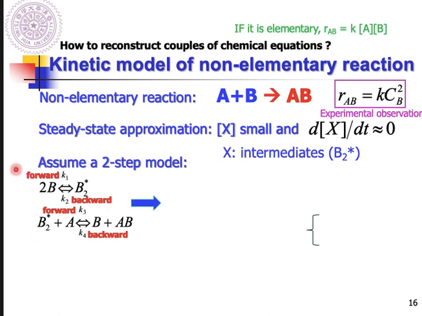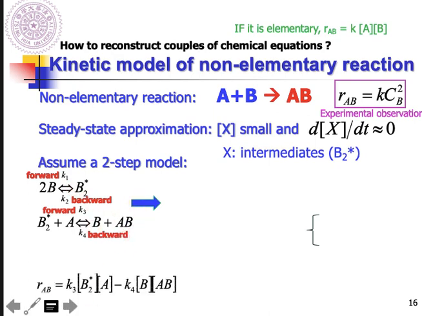So let's go back to these two elementary reactions. We want to convince you these two elementary reactions are correct, right? So how to do that? Based on these two equations, we need to get the generation rate of AB. K3 is going to increase AB and K4 is going to decrease AB, right?